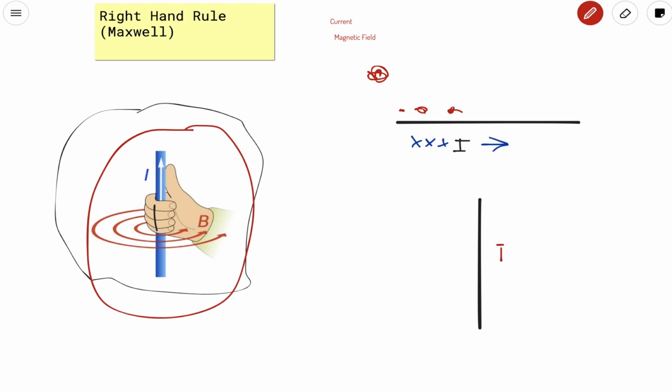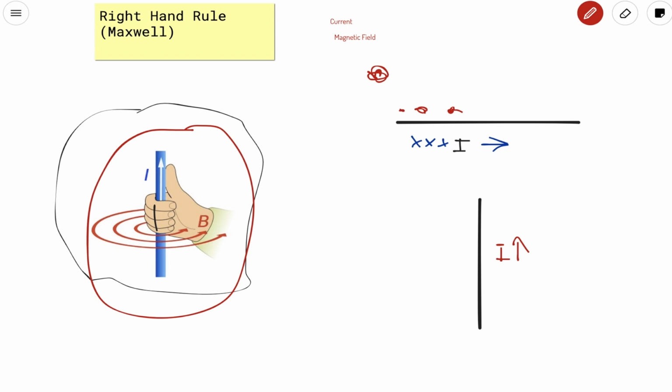Okay, let's try another one. Let's say I is going upwards here again. Now you're not gonna have your palm facing up or down. You're just gonna want to put it so that it's kind of in the same plane as the line. So your thumb is gonna be pointing up, like you're approving something, like a hand gesture of okay.